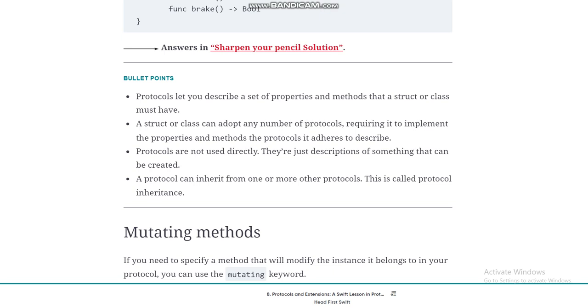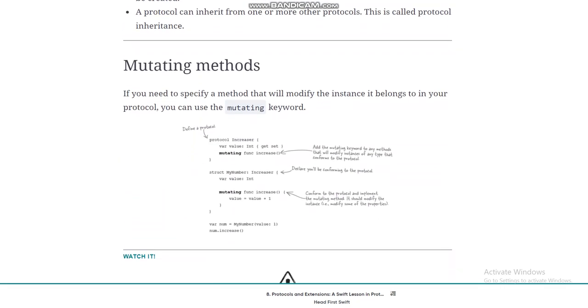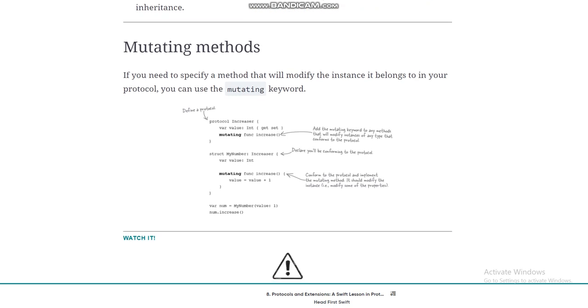Protocols are not used directly; they are just a description of something that can be created. A protocol as well can inherit from another protocol, and that is called protocol inheritance.